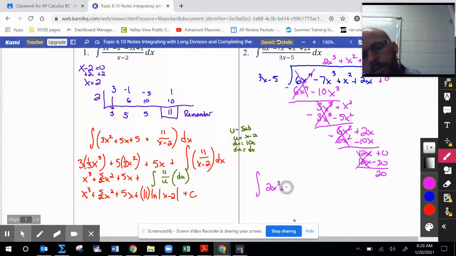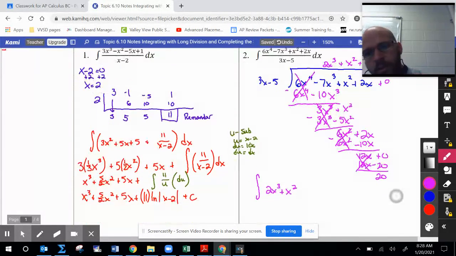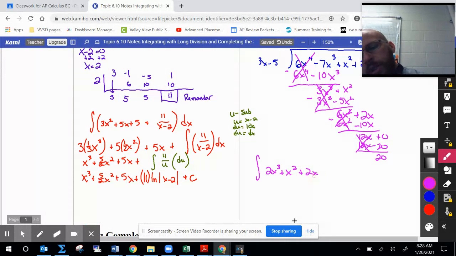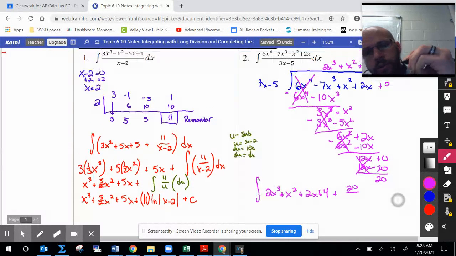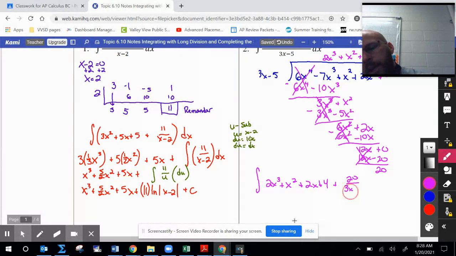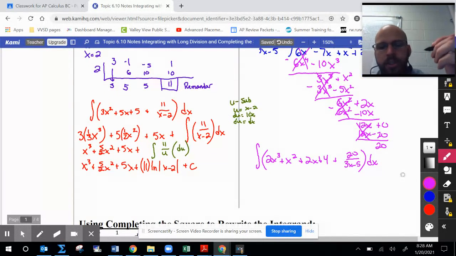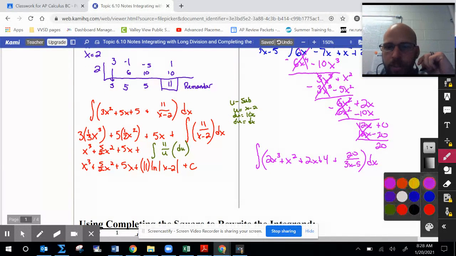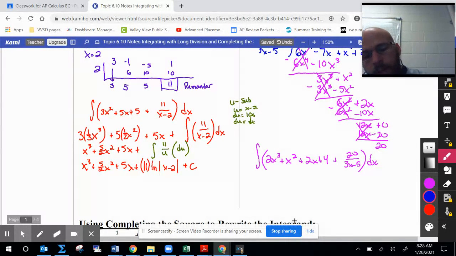So what I'm going to do now is I'm going to integrate 2x to the third plus x squared plus 2x plus 4 plus a 20 over 3x minus 5. And don't forget your dx at the end. Okay, so now if I just take the antiderivative of each of these pieces, I'm going to get x to the fourth.